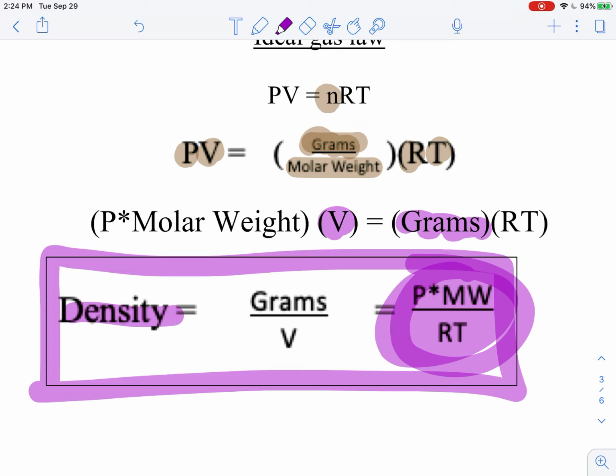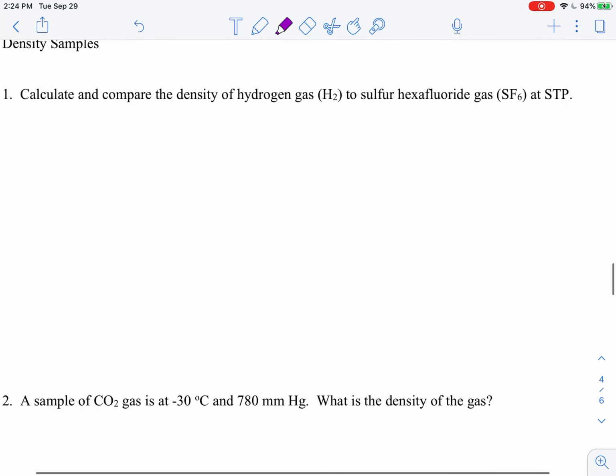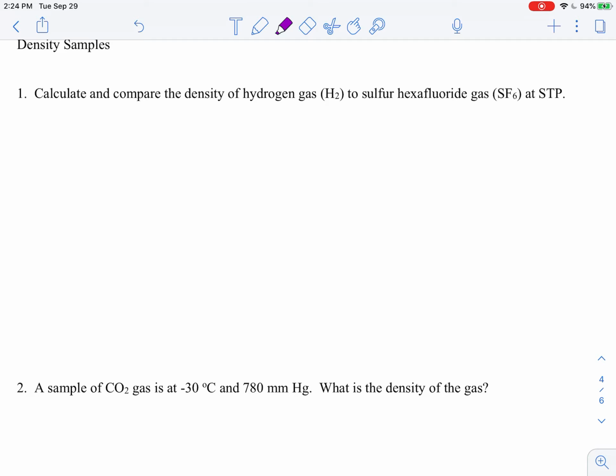Now, armed with it, it just becomes as easy as the last topic, which is just kind of plug and chug. So this one says, calculate and compare the densities of hydrogen gas to sulfur hexafluoride gas at STP. So again, our density is going to be equal to the pressure times the molecular weight divided by RT.